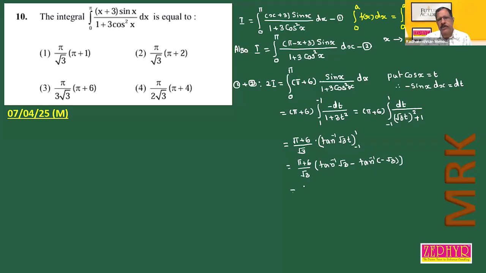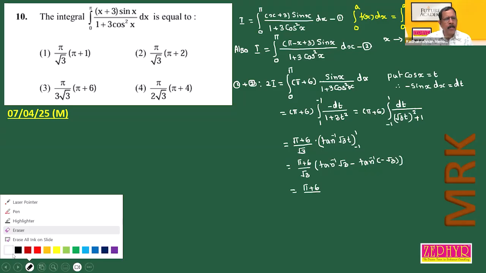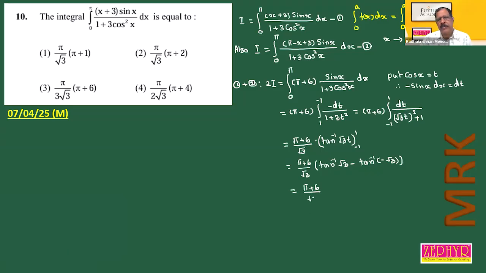Which is equal to pi plus 6 divided by root 3 into tan inverse root 3 plus 2 tan inverse root 3. Tan inverse root 3 is pi by 3. So 2 pi by 3. Here we have got 2I.